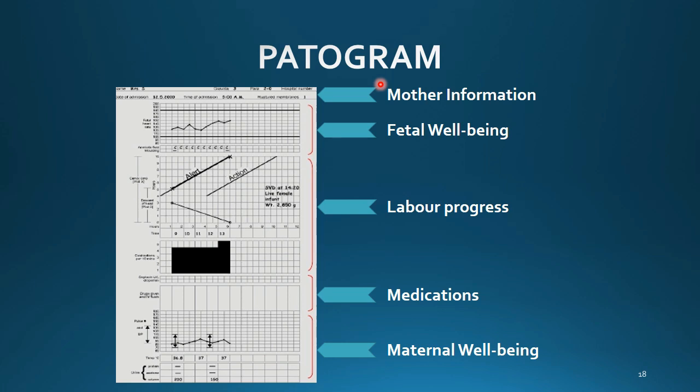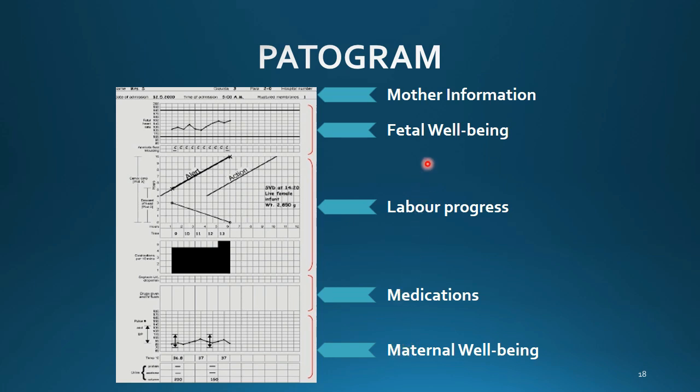Here is one image of a partogram. You can see these main components included in the partogram: firstly, the mother's maternal information, fetal well-being, labor progress, the medication we are using in labor, and maternal well-being.